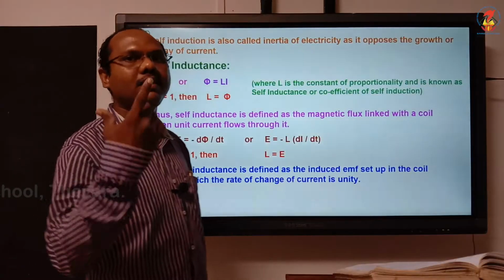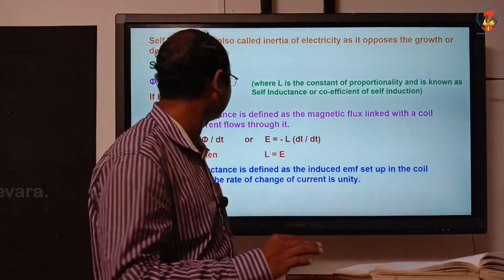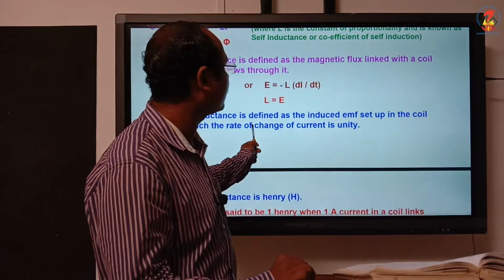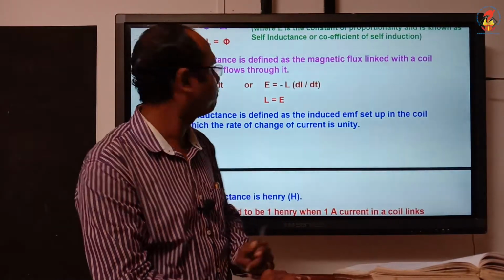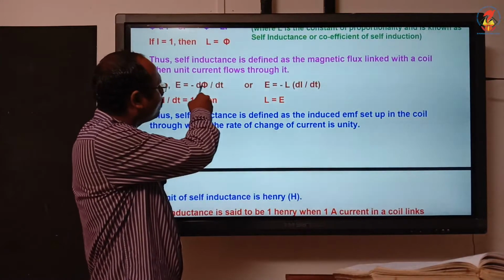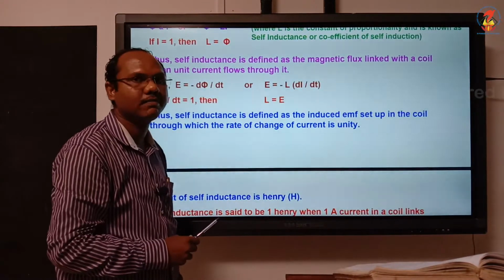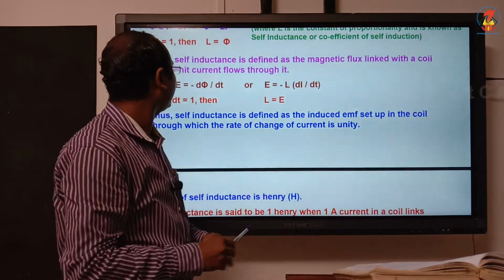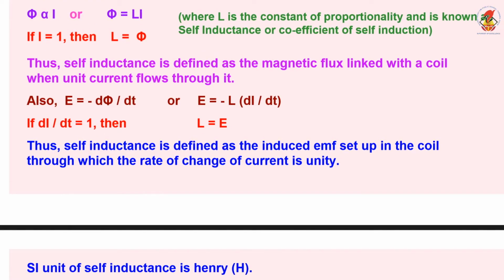Okay. Now let us see one more definition for self-inductance. That is based on the induced EMF. We studied already according to Lenz's rule, E is equal to minus d phi by dt. E is the induced EMF. And just now we studied phi equal to L into I. So when I substitute L into I here, instead of phi, the equation becomes E is equal to minus L into di by dt.